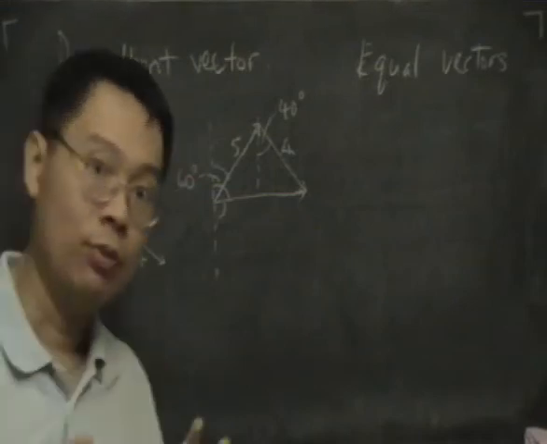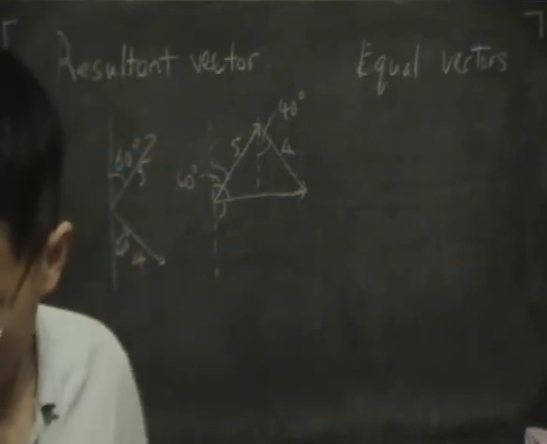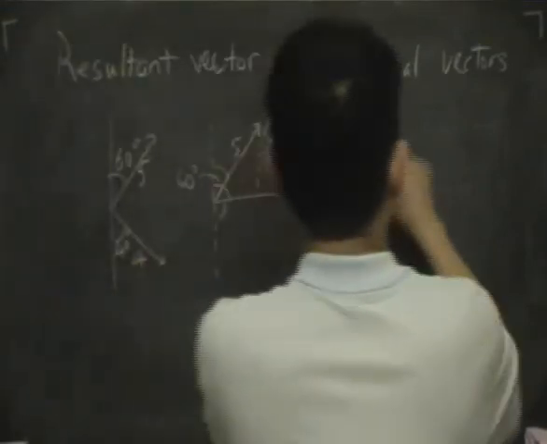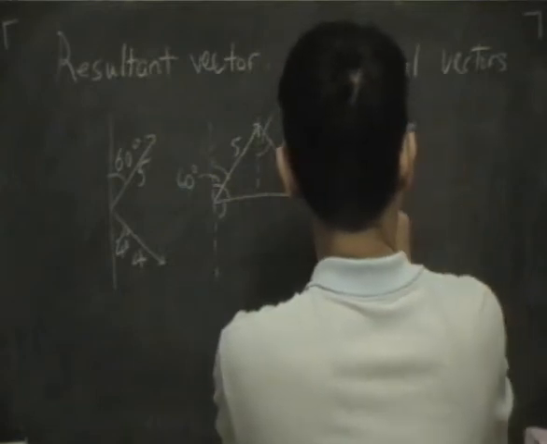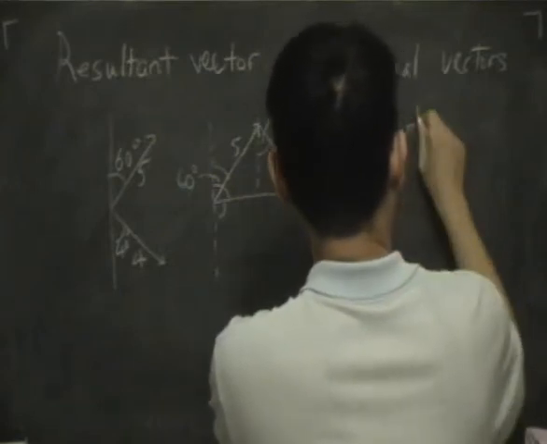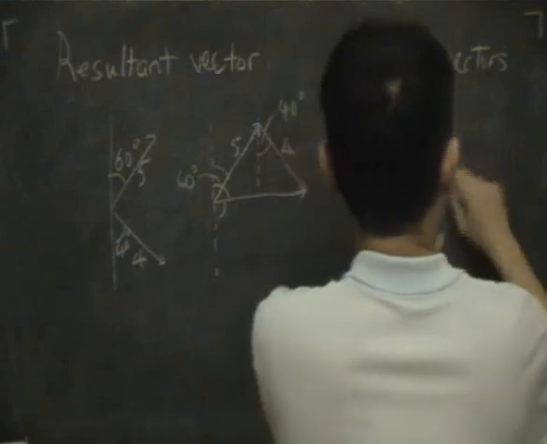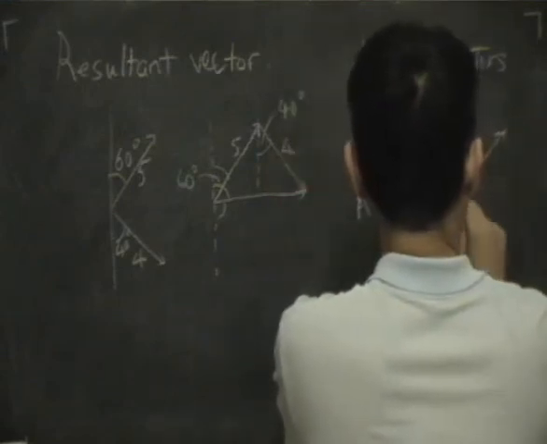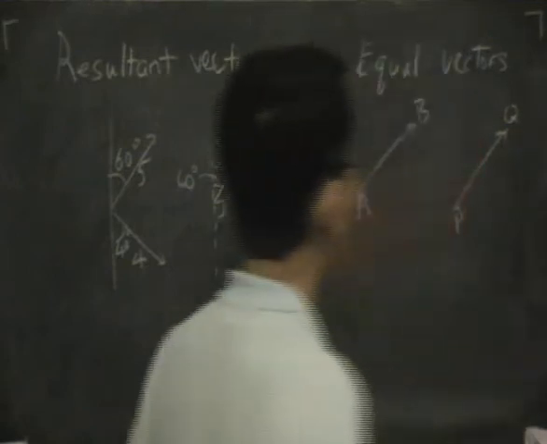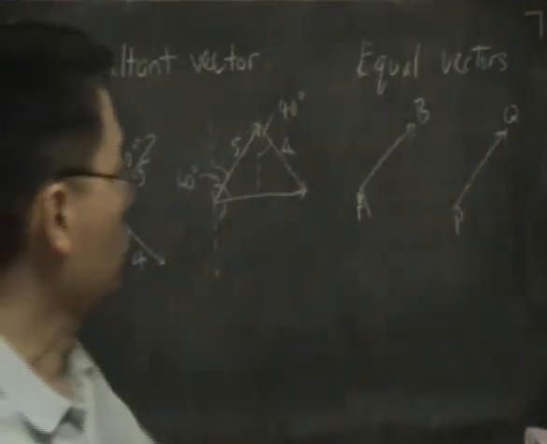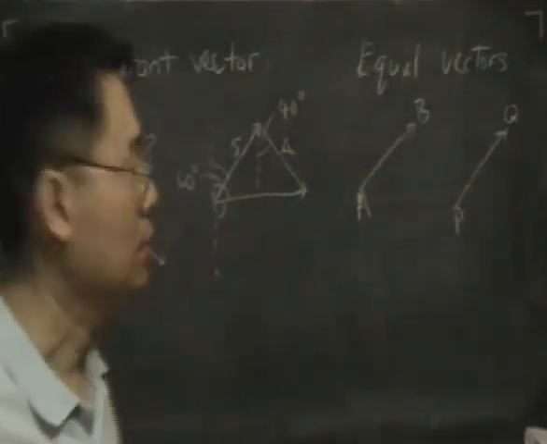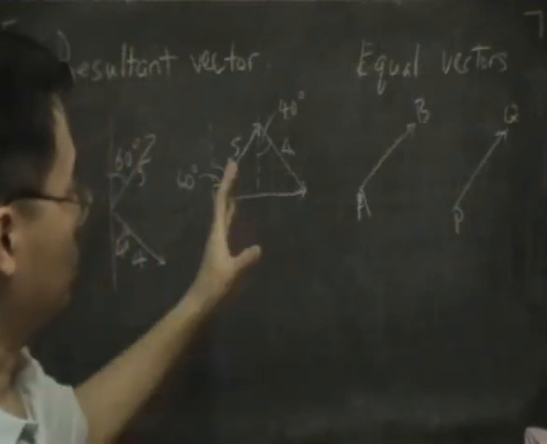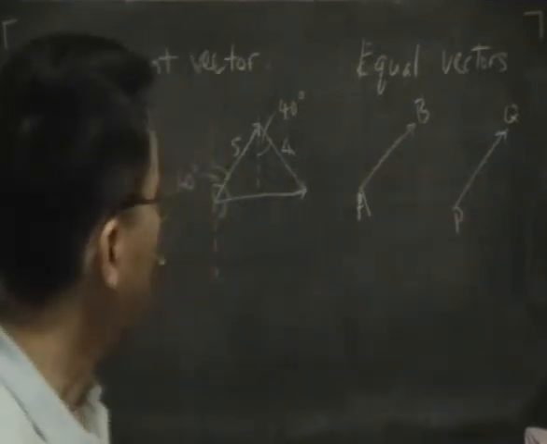Suppose we have two vectors, vector AB and vector PQ. So they look like two different vectors, like two different arrows in different places.